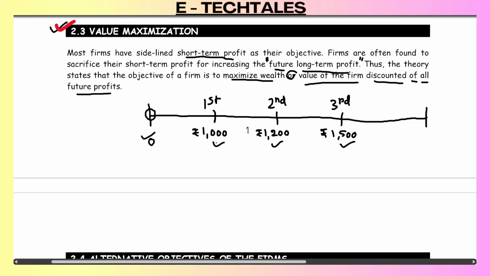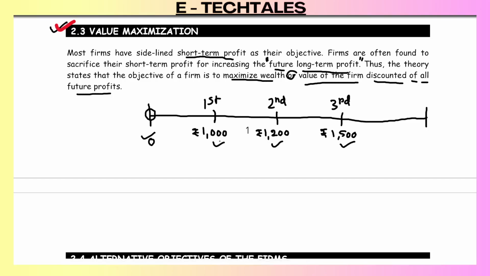What is the present value of these profits, right? This I'm going to make after 1 year, this after 2 years, and this after 3 years. So today, standing here, what is the amount that I can make from these 3 years.